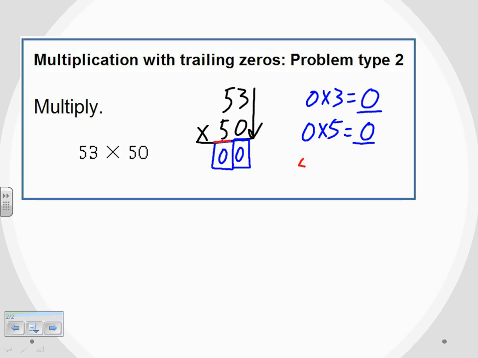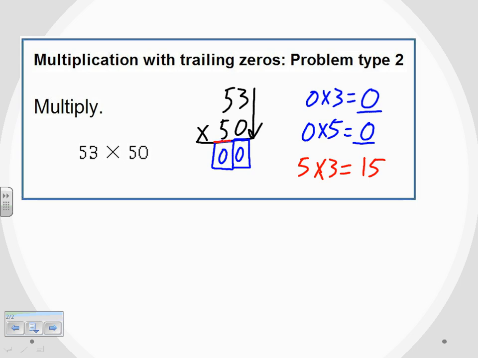So 5, I want to start with the digit furthest on the right-hand side, which is the 3. 5 times the 3 gives me 15. Now that's a two-digit number, so I'm going to have to do some carrying. But the first decision I have to make is where to put those digits.